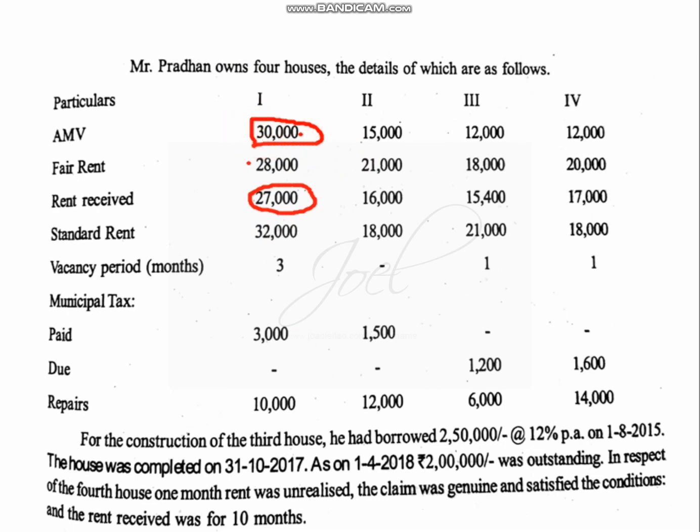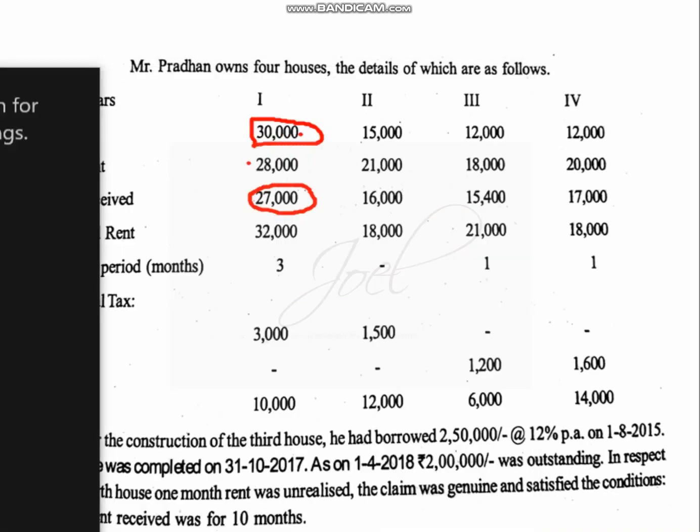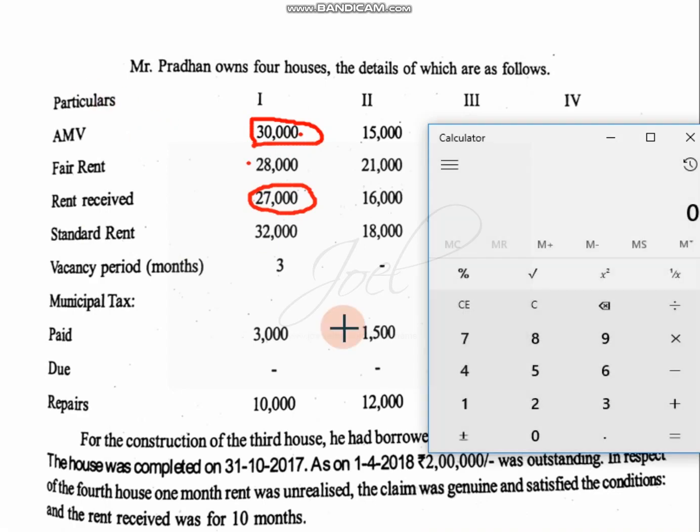It is over, solution is over. But here, since vacancy period is there, we are supposed to do some calculation. So those calculations we will do. See here, the rent received is for how many months? For 9 months. So based on this you have to calculate monthly rent.